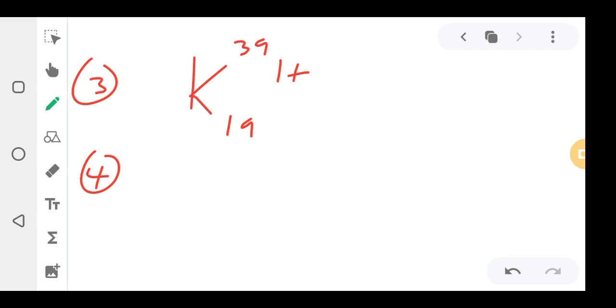Apart from potassium, we've got nitrogen. Nitrogen is 7, 14 on top there, 3 minus.